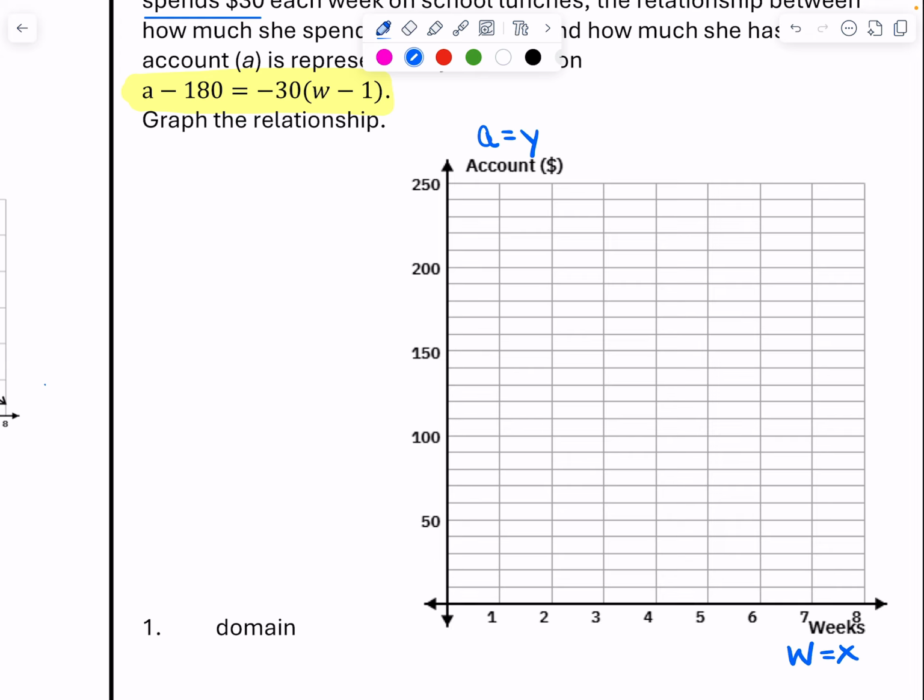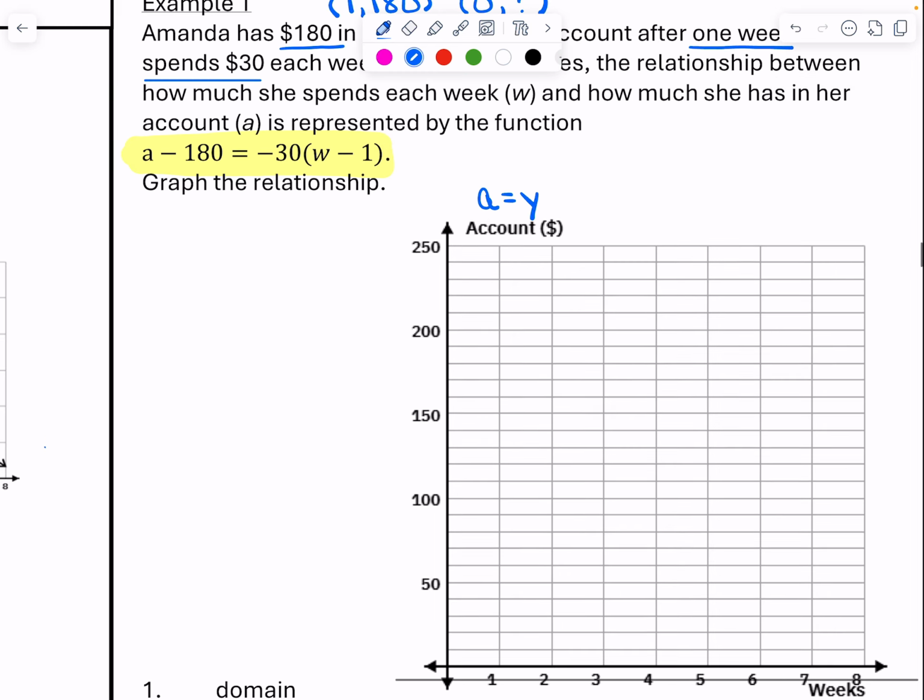So for this one, I'm going to go ahead and do this, replacing A with Y and W with X. And then we'll come back to those at the very end and replace them again with the correct variables. So I have Y minus 180 equals negative 30 times the group x minus 1.